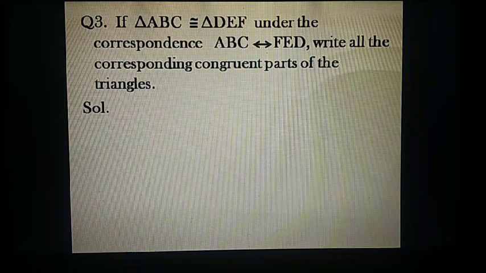Now in the triangle we will have vertices, sides, angles. So we will list out all.